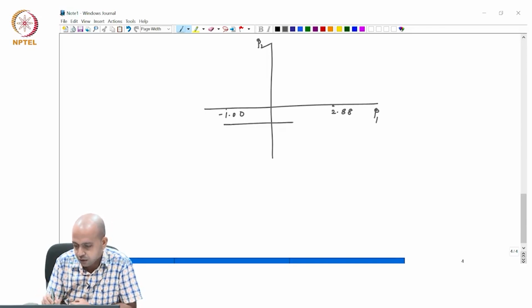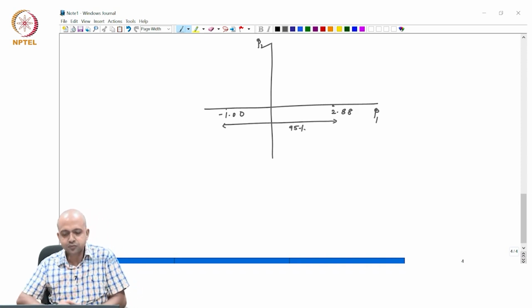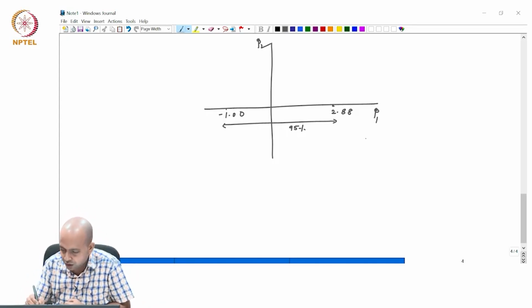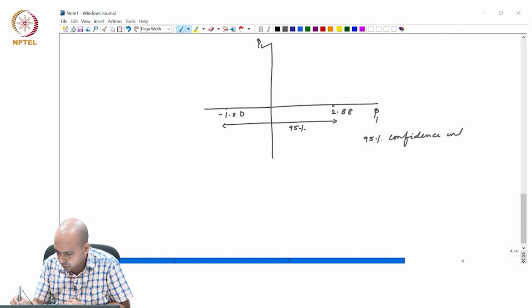This is the 95% interval. Now, this 95% confidence interval of beta 1 captures 0.